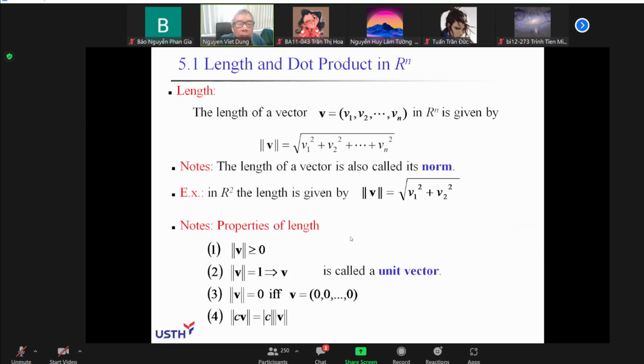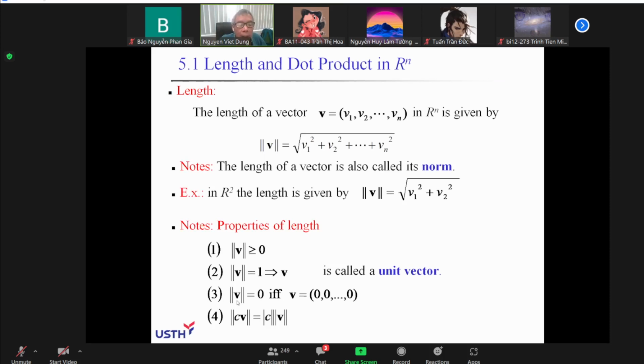Then the length has the following properties. The first one is here. The second one, number 2, is not a property, it is only a name: if a vector has length 1, we call it a unit vector.